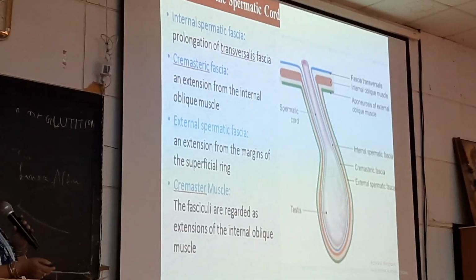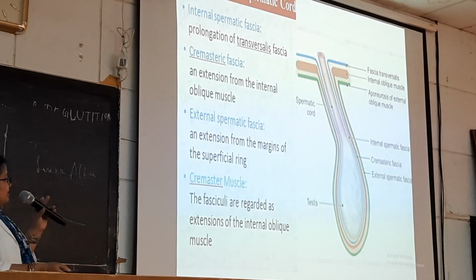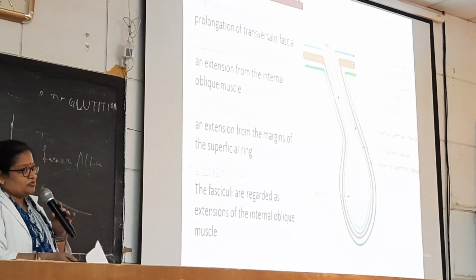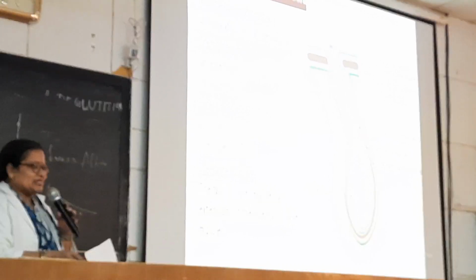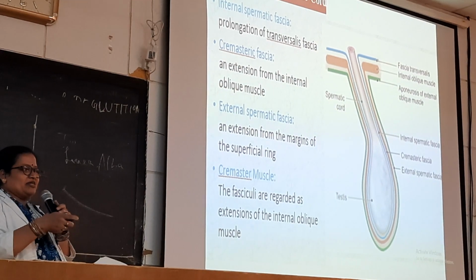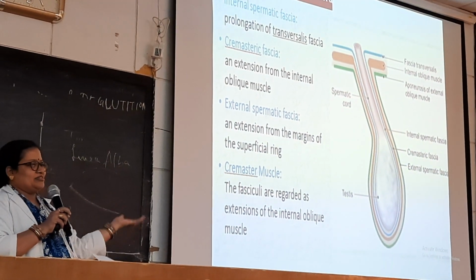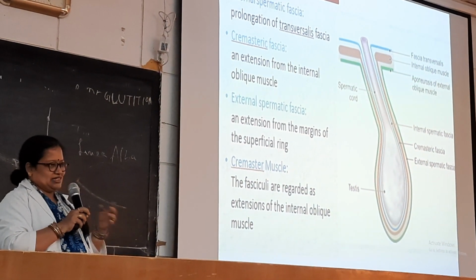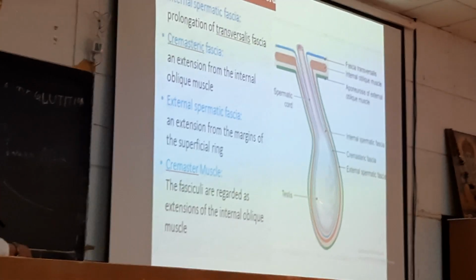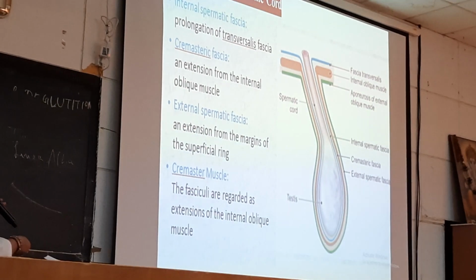So if you are asked, the external spermatic fascia is a derivative of the external oblique aponeurosis, the cremasteric muscle is a derivative of the internal oblique, and the internal spermatic fascia is a derivative of the fascia transversalis. Clear? And within this we have the testis.